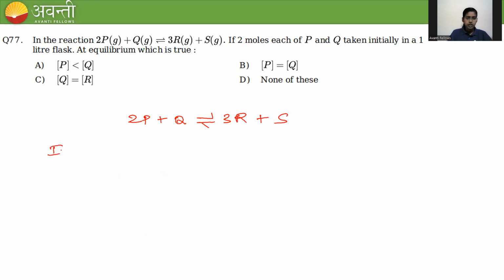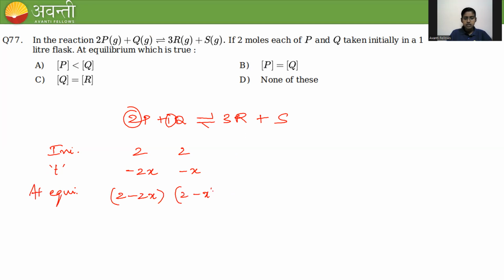Initially 2 moles of each is there, and after some time 2x moles of P would have reacted and x moles of Q would have reacted, since the number of moles is 2 and 1 here. At equilibrium, the remaining concentration will be 2 minus 2x for P and 2 minus x for Q. So 3x of R would have been produced and x moles of S would have been produced.